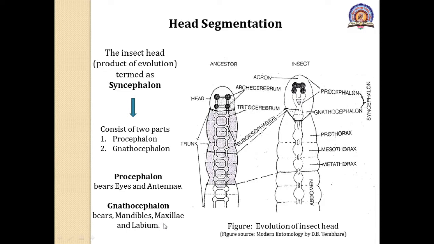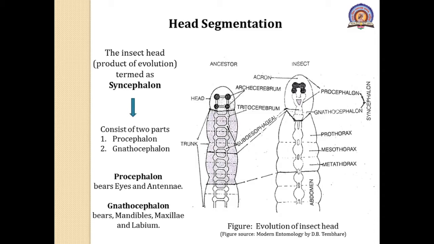Embryological and morphological studies have suggested that gnathocephalon is composed of three segments, and these three segments are referred to as the mandibular segment, maxillary segment, and the labial segment.